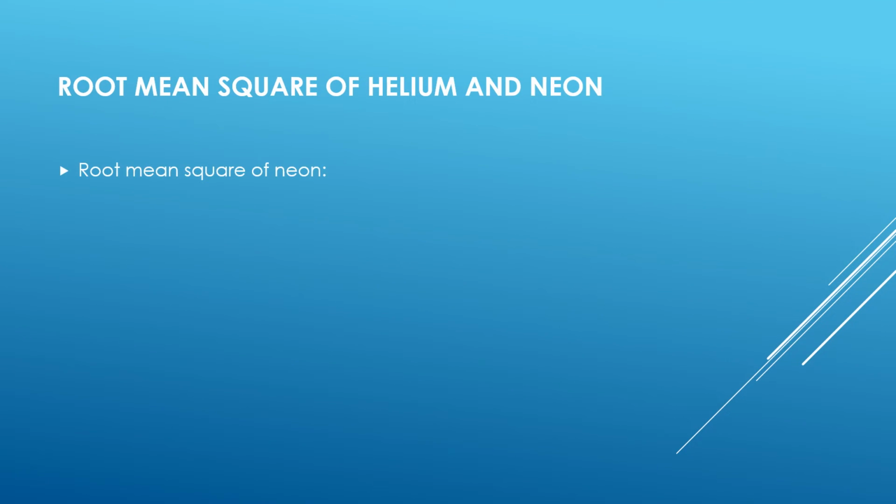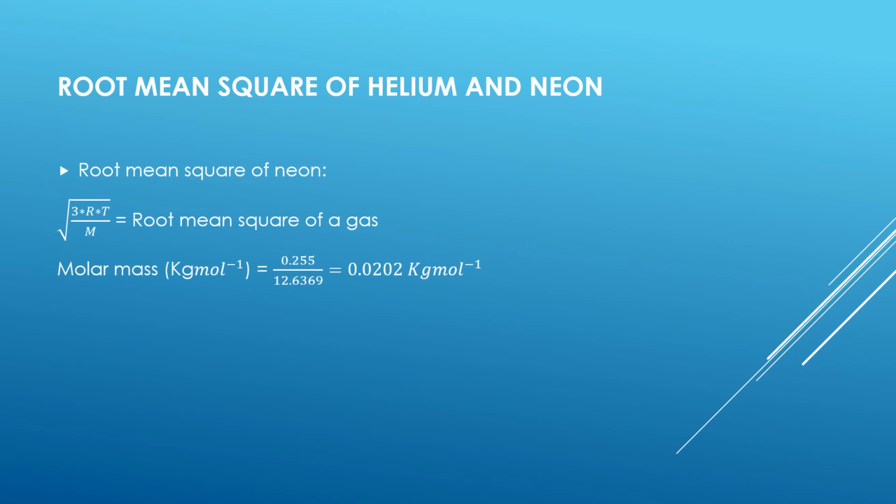The third question asks us to find the root mean square of both helium and neon. We'll start with neon using the equation the square root of 3 times the gas constant times the temperature over the molar mass in kilograms per mole. Calculating the molar mass of neon involves dividing the mass of neon in kilograms, 0.255, by the moles present, 12.6369.